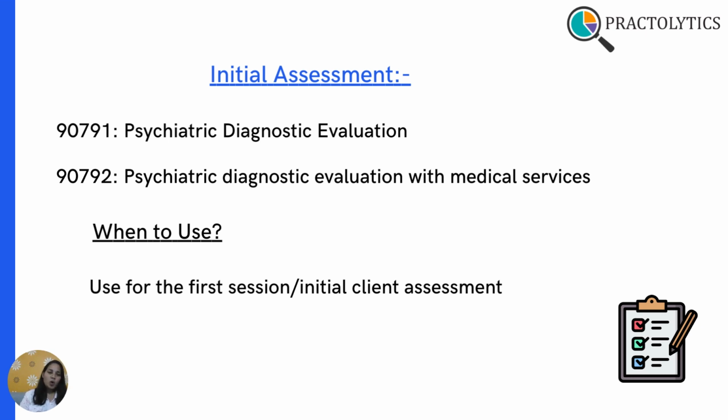We have two codes for initial assessments: 90791 for psychiatric diagnostic evaluation and 90792 for psychiatric diagnostic evaluation with medical services. When to use these two CPT codes, 90791 and 90792? These two codes are typically used for the first session or initial client assessment.